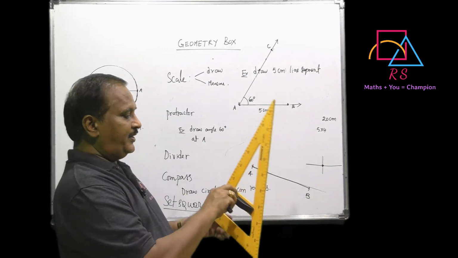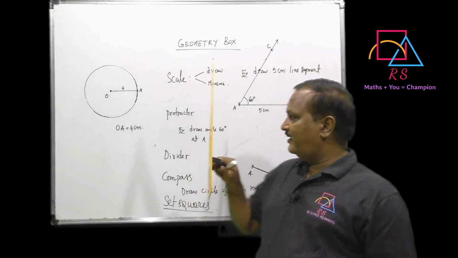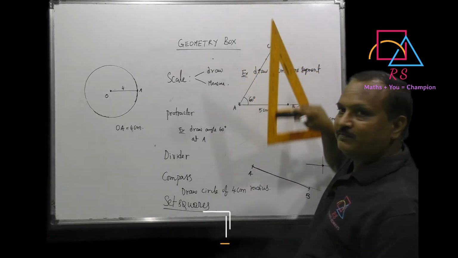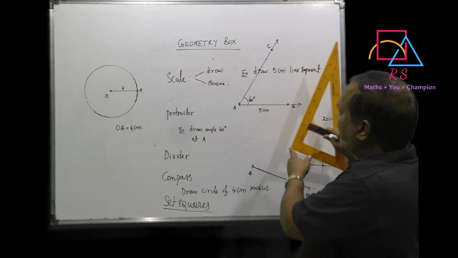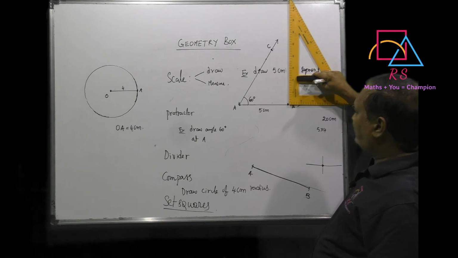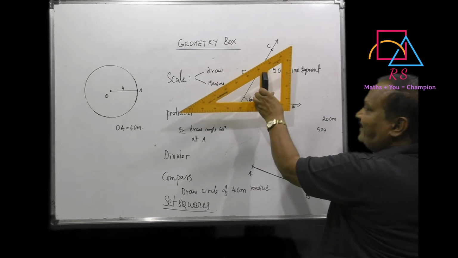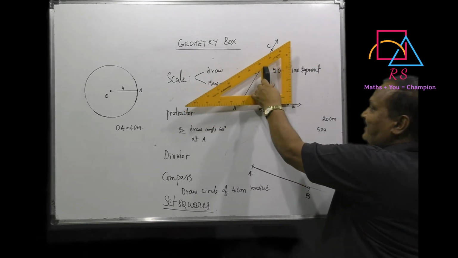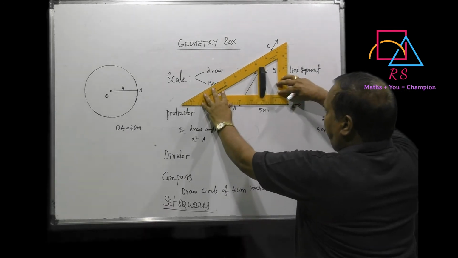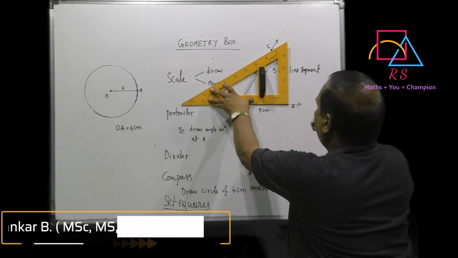Take the set square near the line segment, and one edge you have to keep on the line, and this corner should be at B. Now the edge is going outside, so this edge is not possible. Do like this. Keep this edge, and this corner should be at B, and the entire line should be on this, and hold it tightly, and then draw.